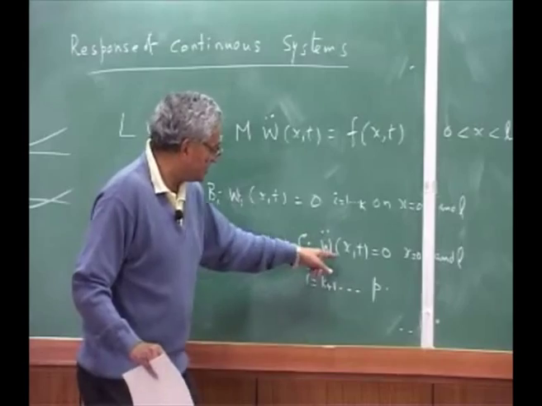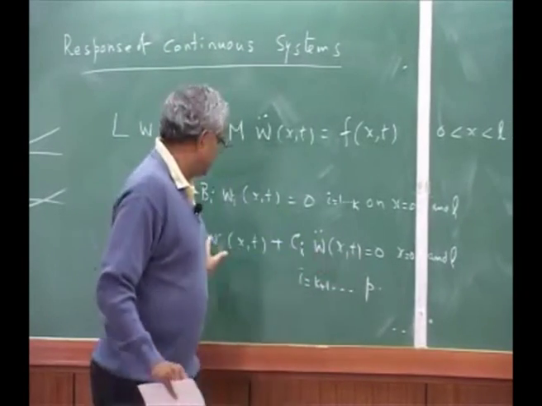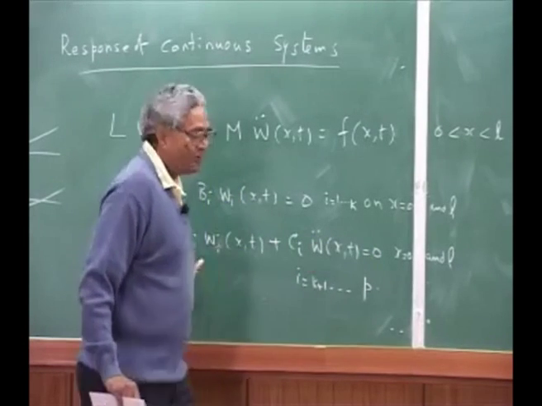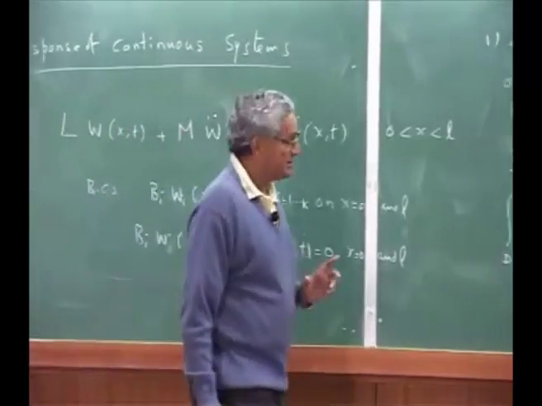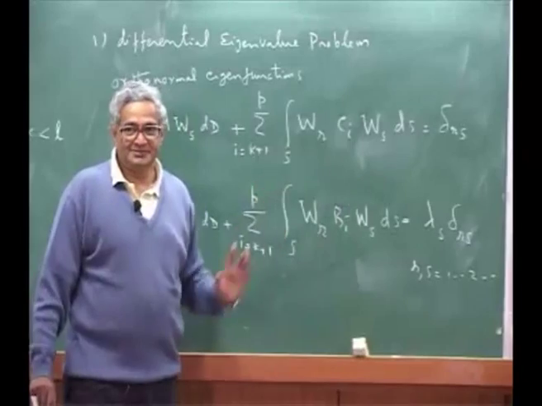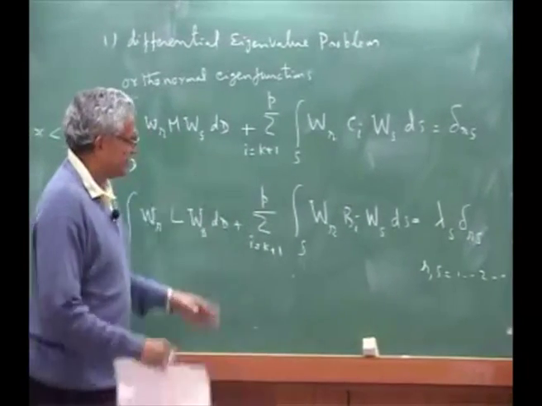In the sense WS, there is a into eta S double dot. That is nothing but 0. Okay. This is the boundary condition directly. That is why these terms will actually drop out. Okay. So you substitute this as it is.